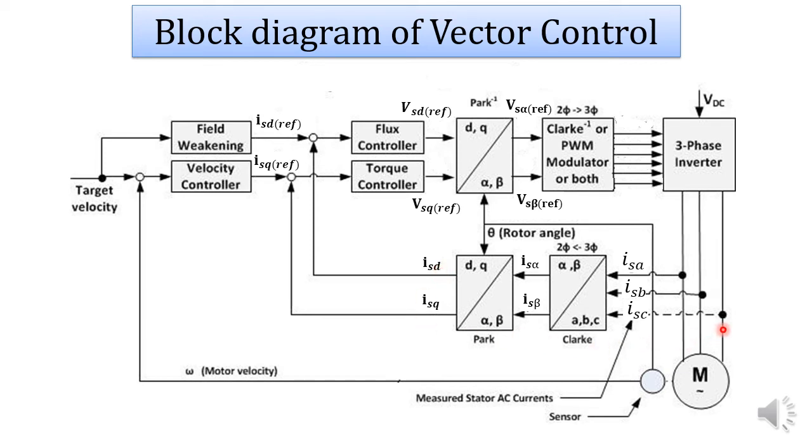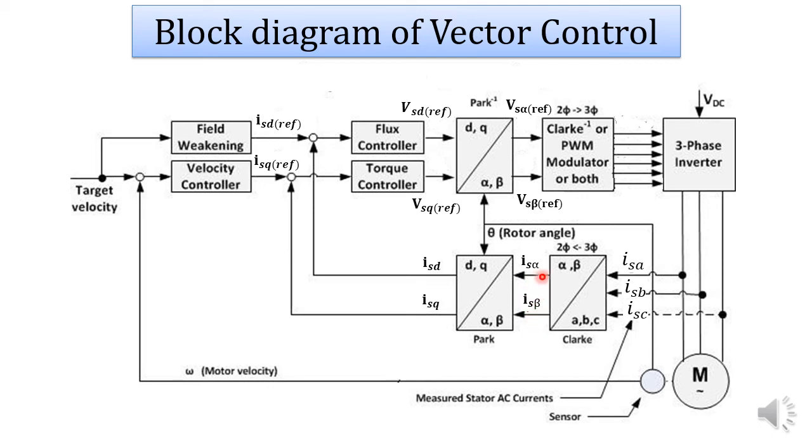Now let's see how the actual values of ISQ and ISD are generated. Here, the stator currents of the induction motor, that is ISA, ISB and ISC, are measured from the stator of the induction motor, or we can just take the output of the three-phase inverter, and those three currents are given as the input of the Clarke transformation block. The Clarke transformation block will transform the ABC currents into a system of two currents, IS alpha and IS beta, as discussed earlier.